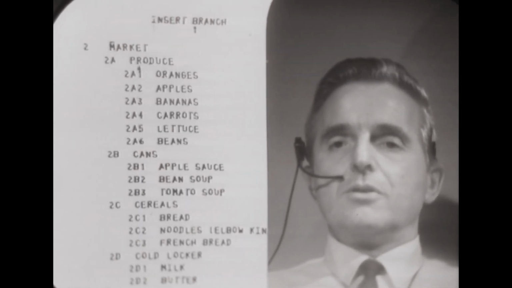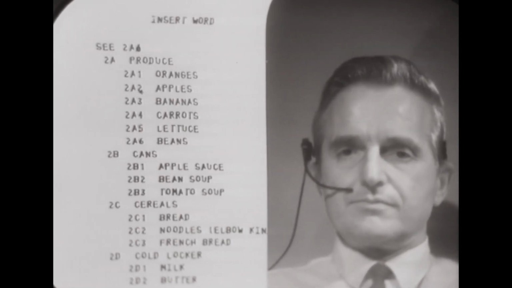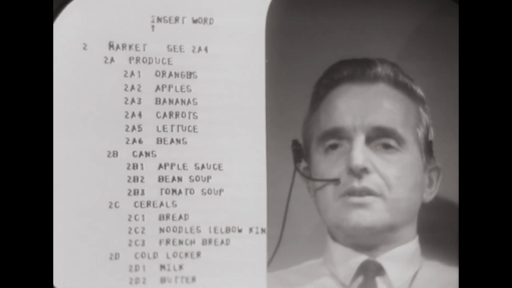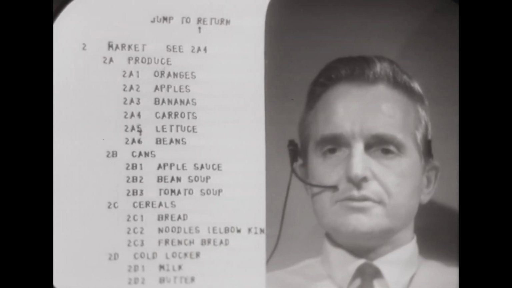So I can jump to a location number just by giving it, or if I wish, I can add it as text in there and say jump to name, just point to that, and it'll go to 2A. Can I see that? Carrots, right? Right, carrots, 2A4.